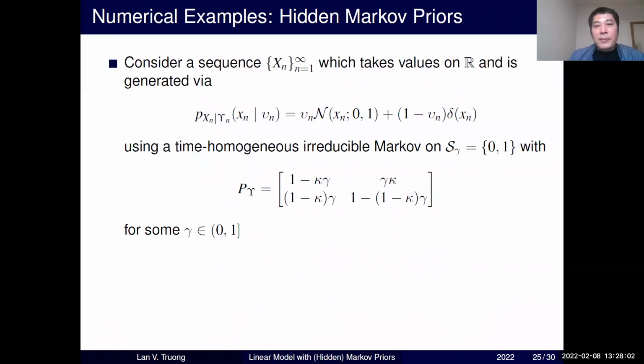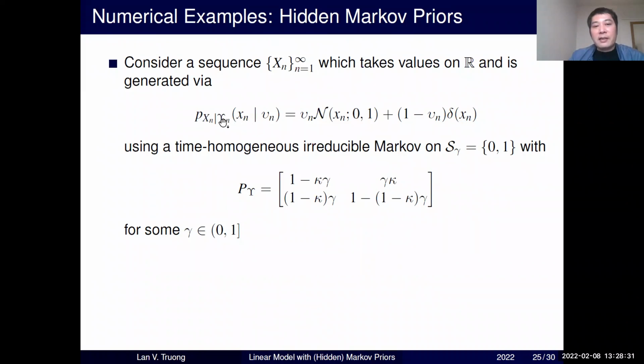Now we give an example to verify the correctness of our replica prediction for the linear model with hidden Markov prior. We assume that the sequence x1, x2, ..., xn is generated by the Markov chain gamma 1, gamma 2, ..., gamma n, where the probability of x_n given gamma_n is defined by V_n.